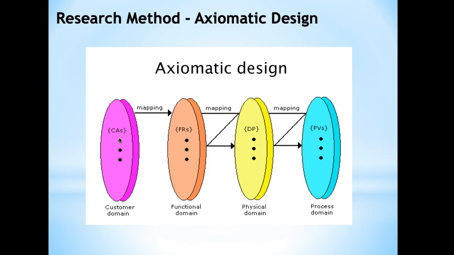These are called functional requirements. And then thirdly is the physical domain. In this domain, the functional requirements are mapped into design parameters, or parameters that one needs to design a system or a solution. And finally, the solution is implemented in the process domain with process variables.